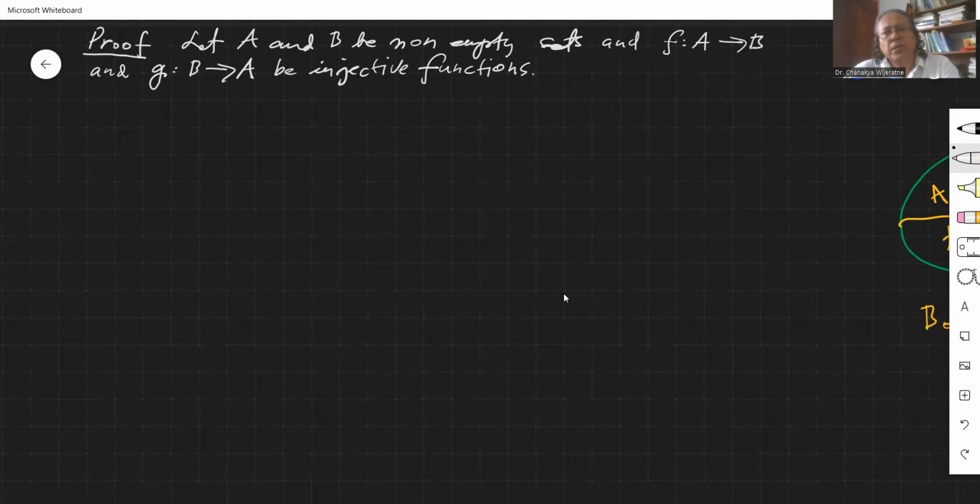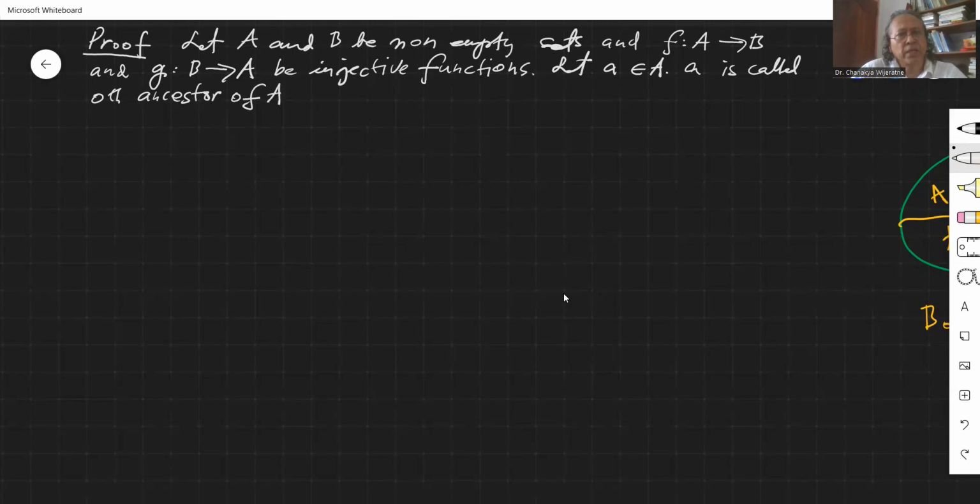And then we are going to define ancestors. Let a belong to A. So a is called the zeroth ancestor of a.